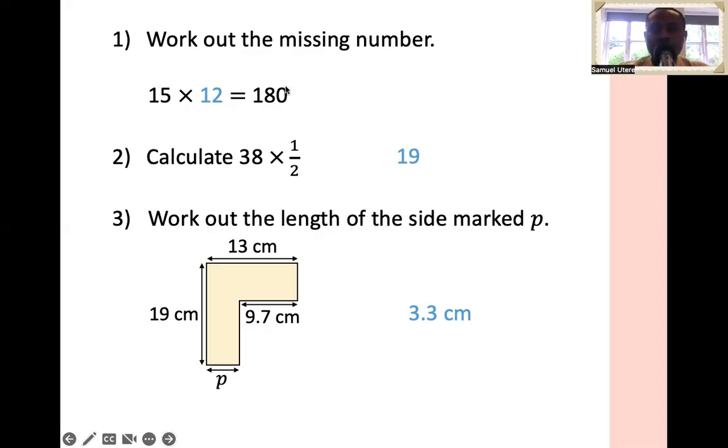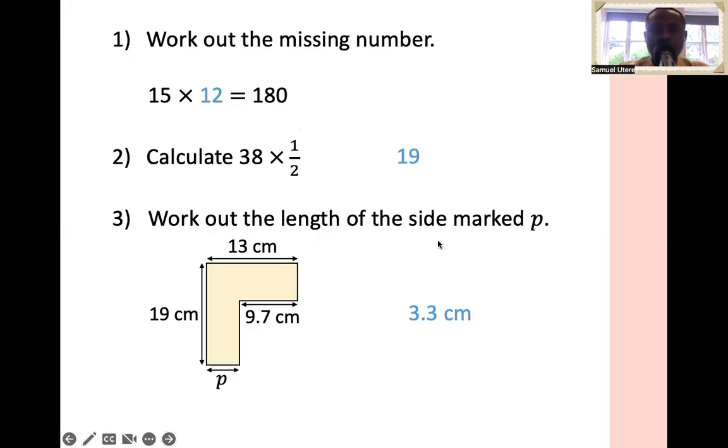So it's an inverse relationship to find 12. Here, 38 times half is equal to 19. Take note that multiplying a number by half is the same thing as dividing that number by 2.